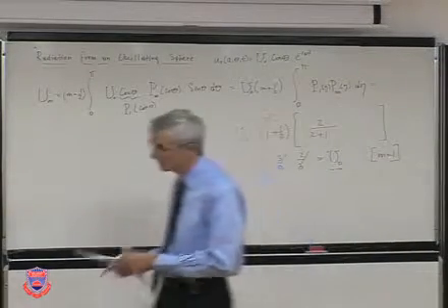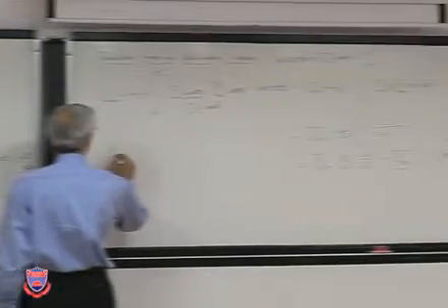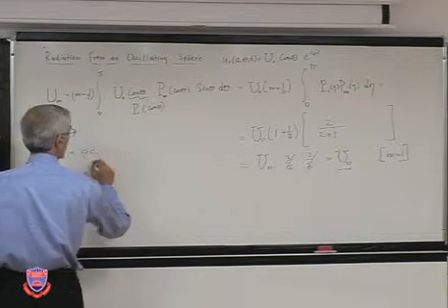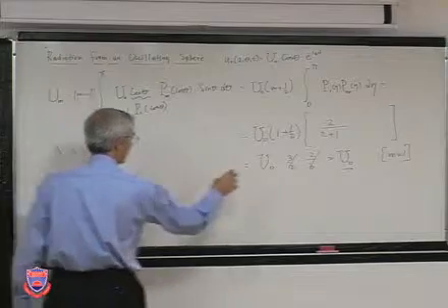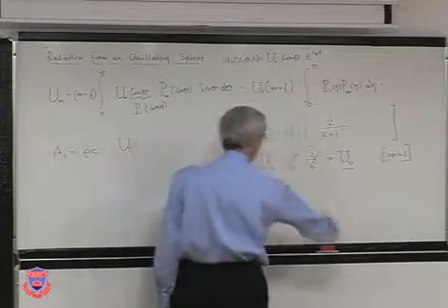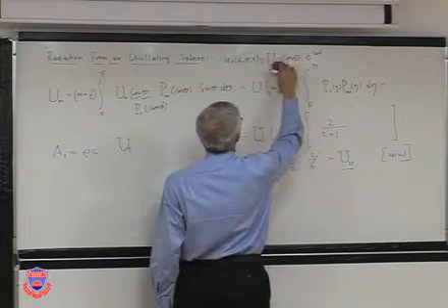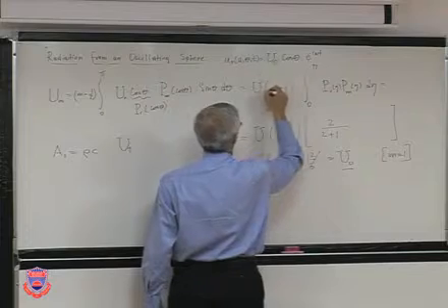Now, we go back, we say A1 is equal to rho c U1. This is unfortunate. We should have just taken amplitude here because this can be confusing to you. Okay, let's say U sphere, U surface.